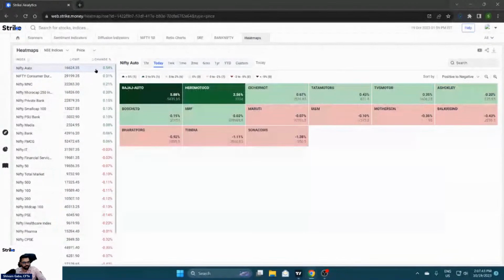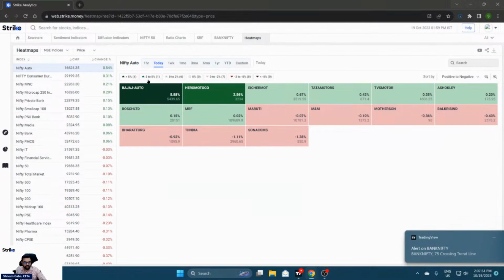We have been discussing that autos are one of the few strong sectors in the large caps, and within autos you can see stocks like Bajaj Auto and Hero Motocorp are at the top.